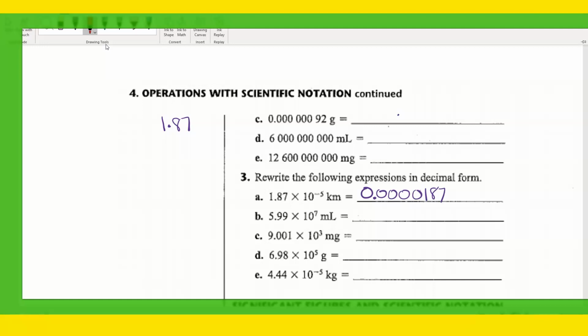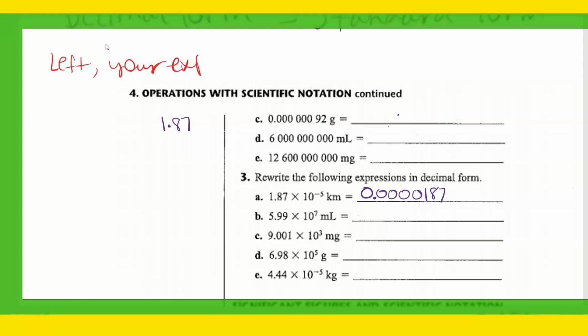if you have to go to the left, when you're moving your decimal to the left, your exponent is negative. So it's kind of like the opposite of what we discussed earlier. So I'm going to go back 5 places to the left. In order to get a small number, you have to go back to the left.